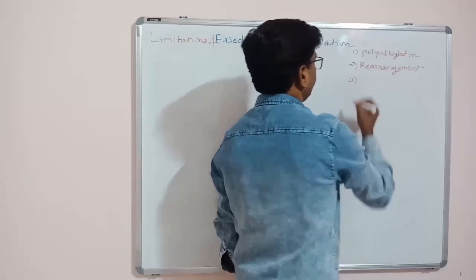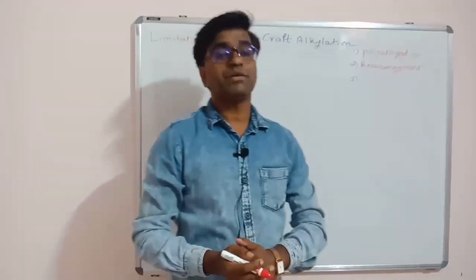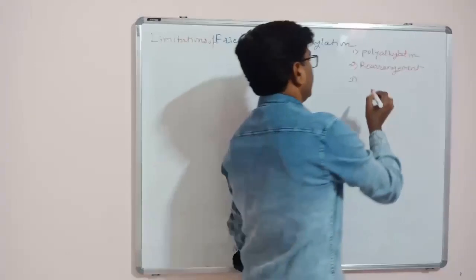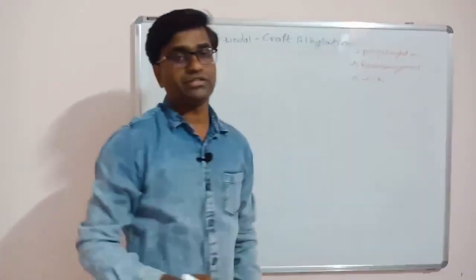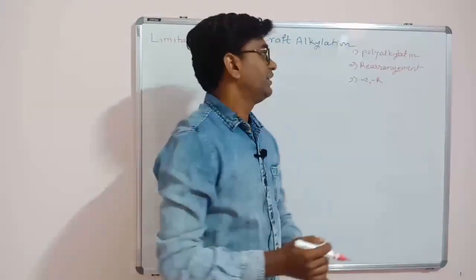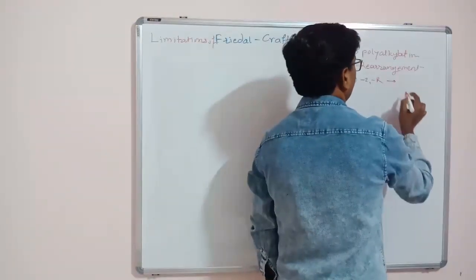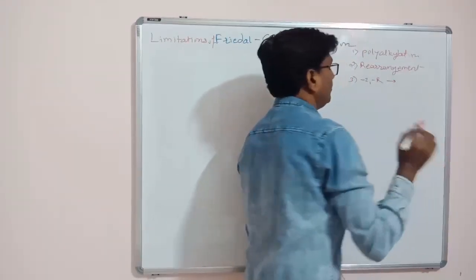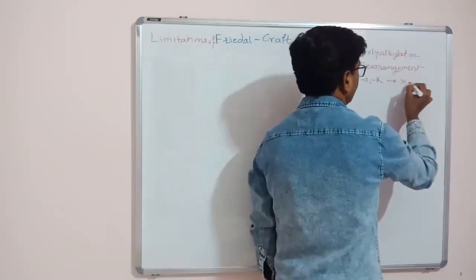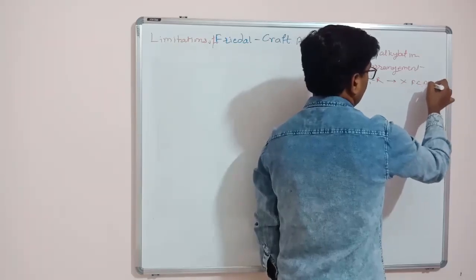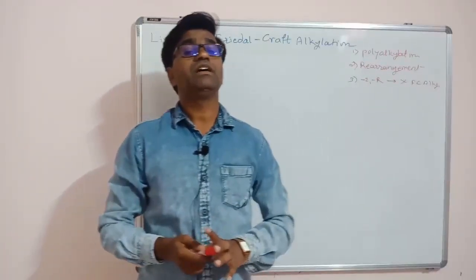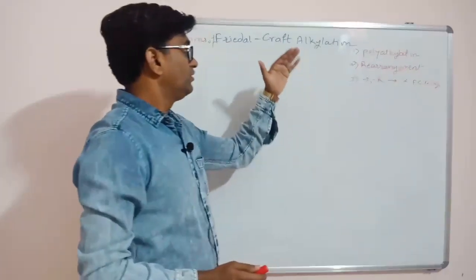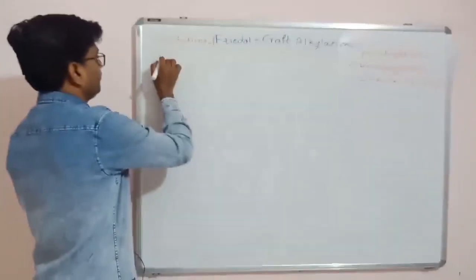And third limitation is if benzene is already substituted with groups having a minus I effect or minus R effect, that is called a deactivated benzene ring, then those substrates, those benzene rings, do not show FC alkylation. So deactivated rings do not show FC alkylation. Now we will learn one by one in detail. So first we will learn about polyalkylation.